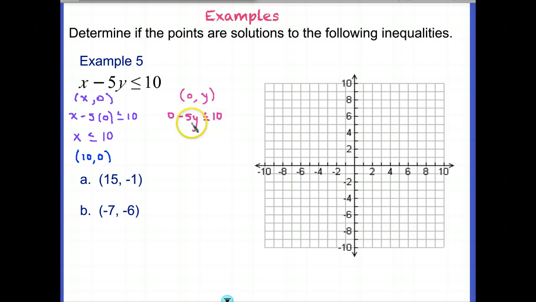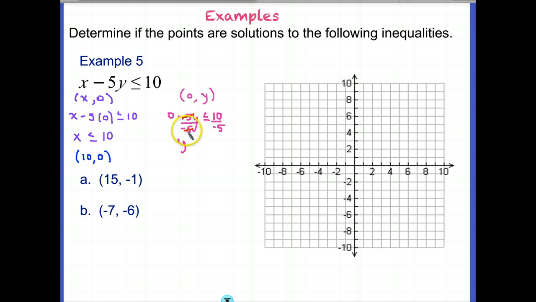So we're really just solving negative 5y less than or equal to 10. We would divide both sides by negative 5 in order to solve for y. And we know that negative 5 divided by negative 5 is just 1. And we will be left with y.